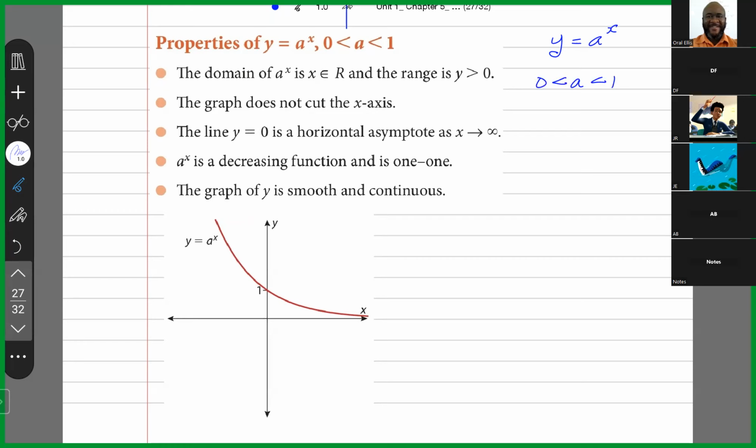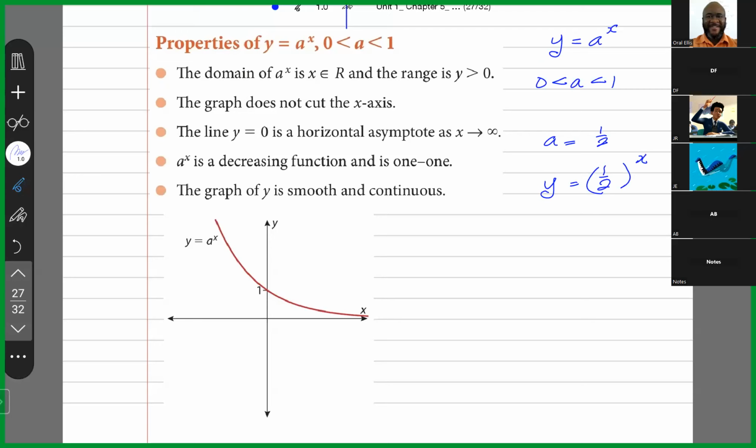In other words, a is positive but less than 1, a fraction. So a could be something like, let us say, a half. And then this would be y is equal to a half raised to the power x. How would this graph look? Well, a sketch of the graph is given below.